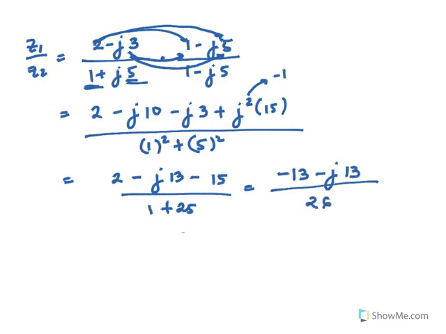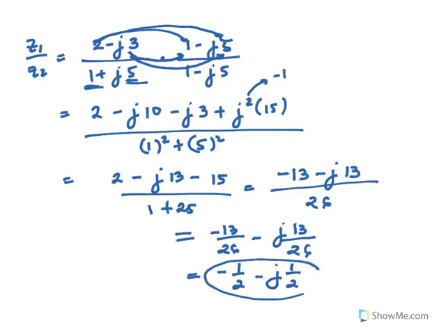So to write this in standard form, separate into two fractions, you will have negative 13 over 26 minus j13 over 26, or simply negative 1/2 minus j 1/2. So this is your quotient. So again, you can try doing z2 over z1 and then z2 times z1 and then compare with our previous answer if they will be the same or different values.